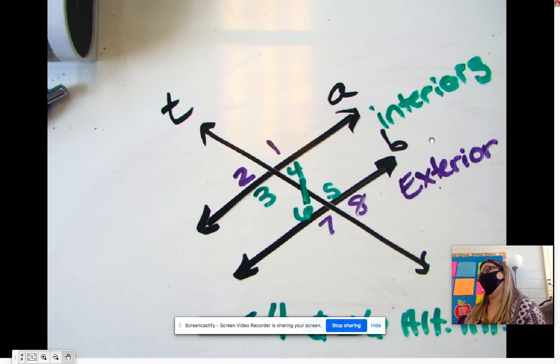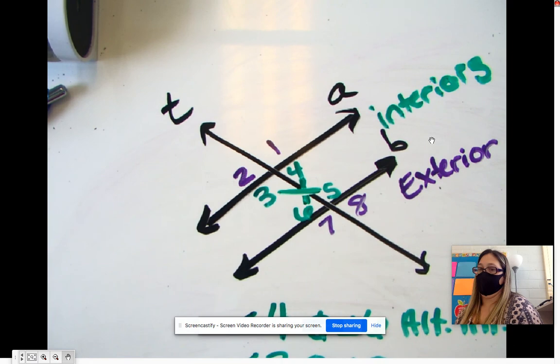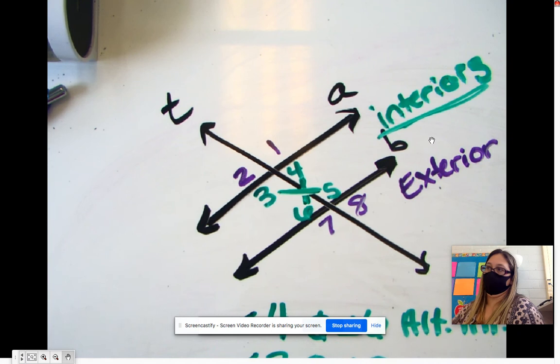Come on. I know at least one of you knows it. Thank you. 3 and 5. 3 and 5 are across from each other, but they're interior also. So they're alternate interior angles.